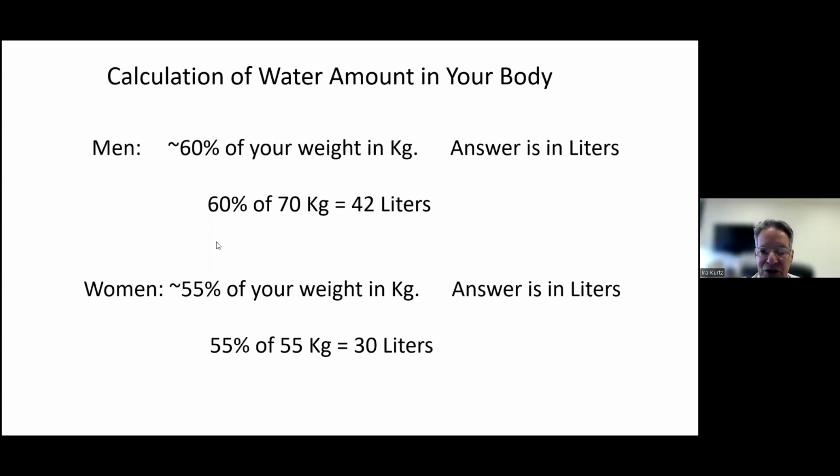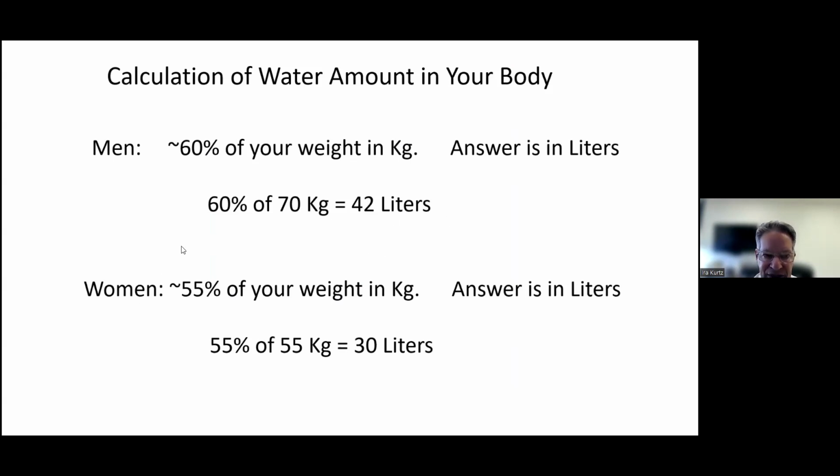So when you think about it, let's now calculate how much water you have in your body. In a man, it's about 60% of your weight in kilos, not pounds, kilos. And the answer is in liters. So if you weigh 70 kilo, the average weight of a typical man, 60% of that is 42, and that is 42 liters of water in this person's body.